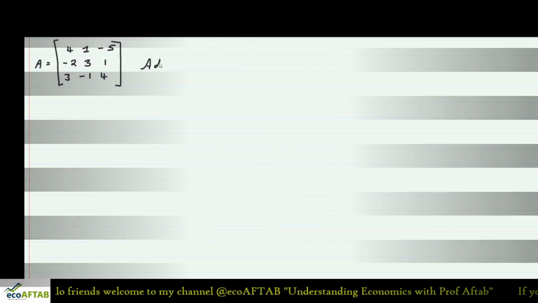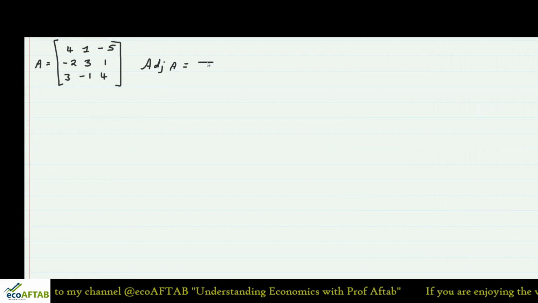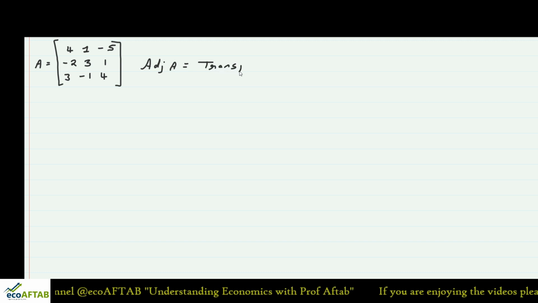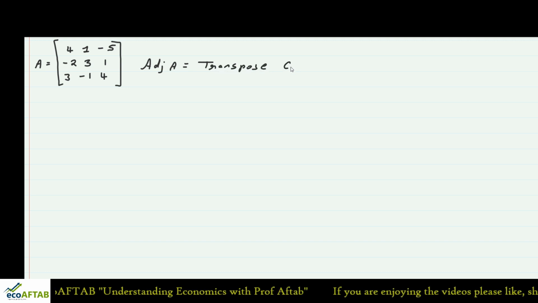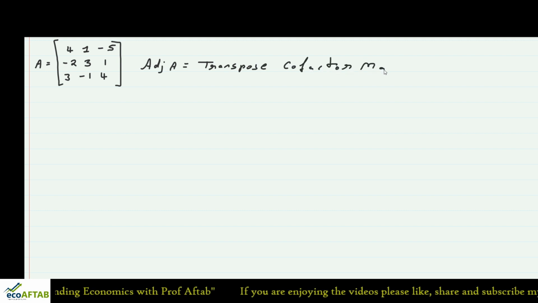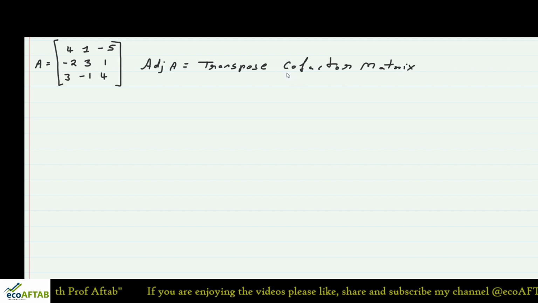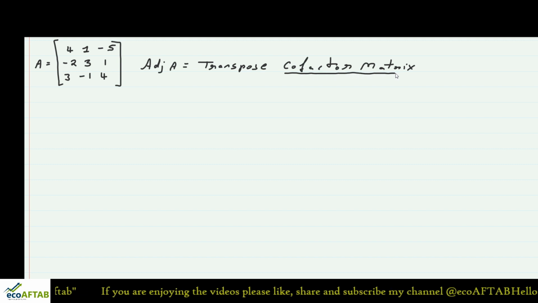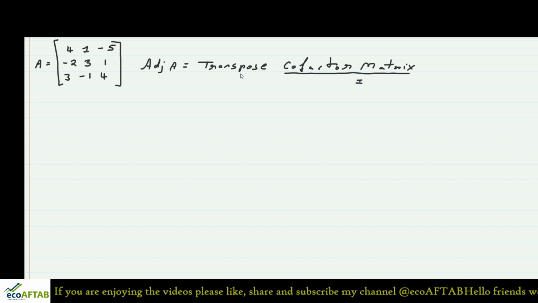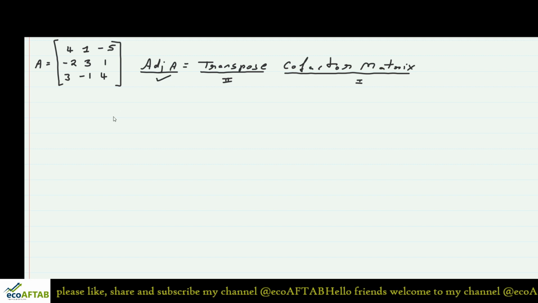To find the adjoint of A, you need to first transpose the cofactor matrix. Now we need to first find the cofactor matrix, and then we need to transpose the cofactor matrix to find the adjoint of the matrix.